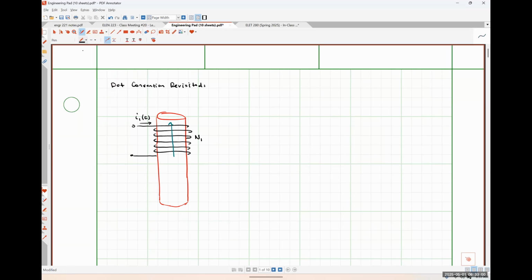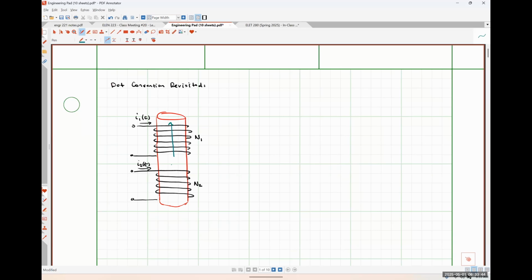So if I draw a second coil, let's put it down here. If I draw my current I2 flowing in this way, what is the direction of my flux generated by coil 2?